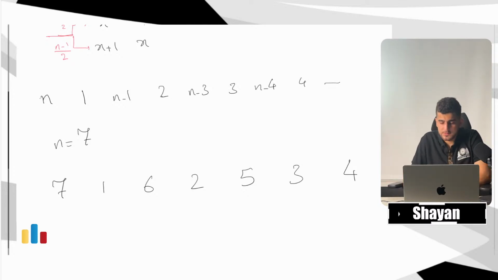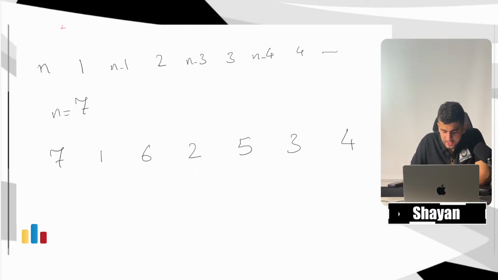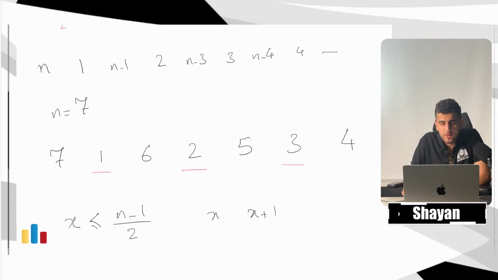And what happens this way? You can see that for any x less than or equal to n minus 1 over 2, x plus 1 is going to be after x. You see that for 1, for 2, and for 3, for all the x's less than or equal to n minus 1 over 2, x is before x plus 1.